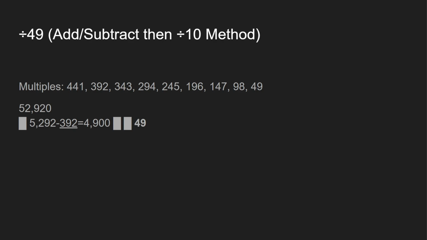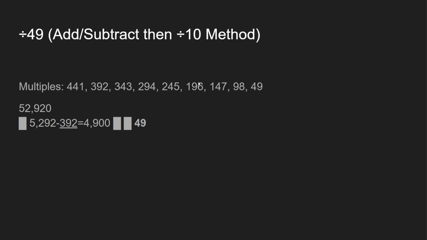This is really important. So, as I mentioned, for divisibility by 49, you could do the original classic method everybody knows about, where you add or subtract, then divide by 10. And that's what this is right here. So, for example, 5,920: is that number divisible by 49?